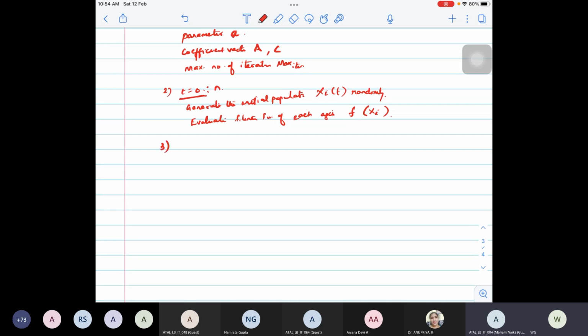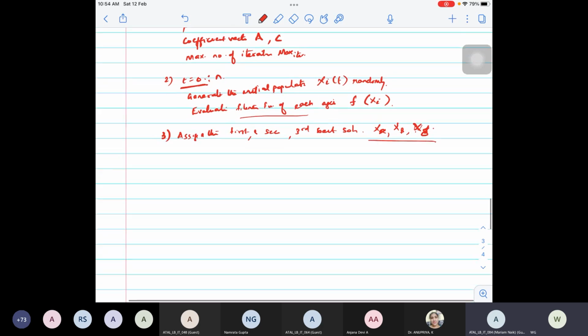Then, based on the fitness values, you assign the first, second, and third best solutions to x alpha, x beta, and x delta respectively.